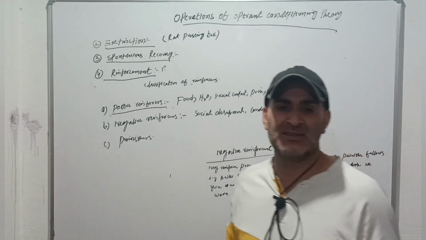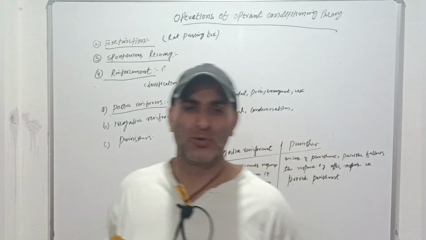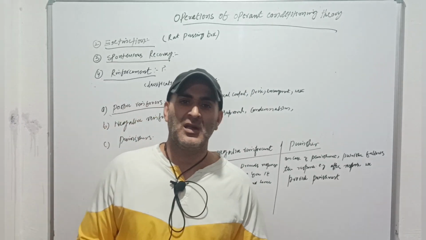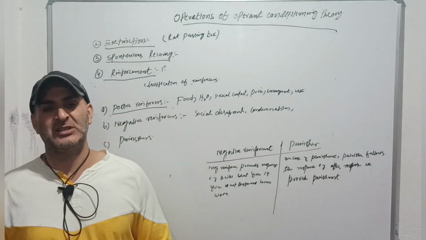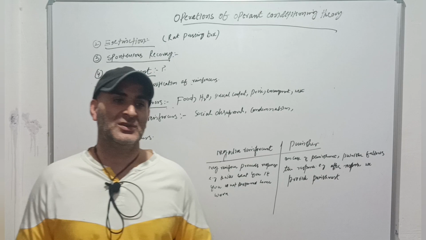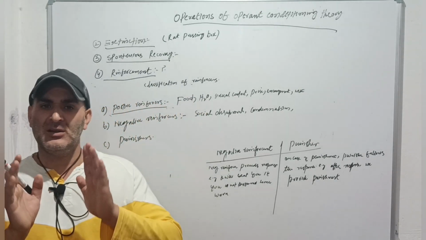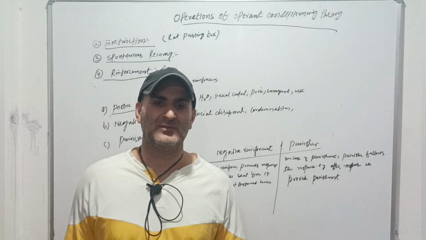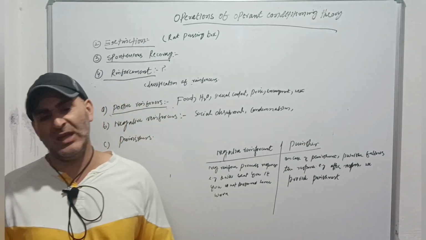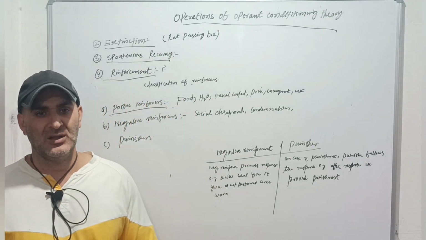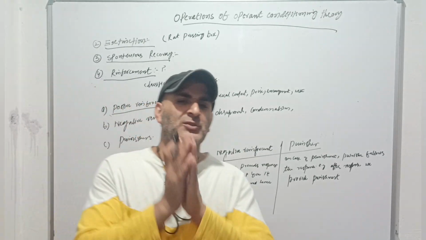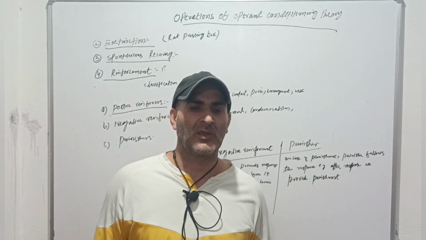Sexual contact is the positive reinforcement. Wealth and property is the positive reinforcement. So an individual performs the activity in order to gain the pleasure, keeping in view the positive reinforcement.